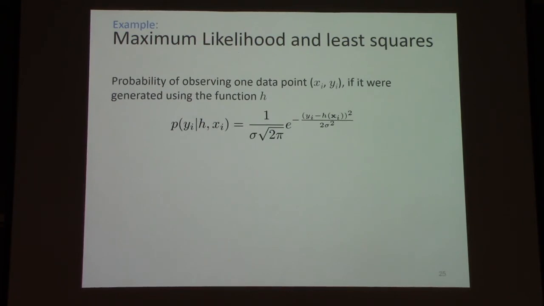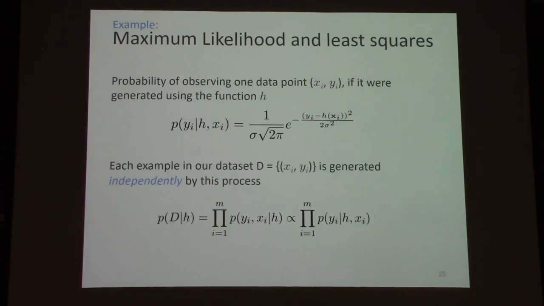If the true function were the function h, then the probability that the data point xi, yi was observed is this expression here. That's for one data point. We have m examples and they are all independent. So we can ask, what is the probability that your entire data set was generated by this function h?